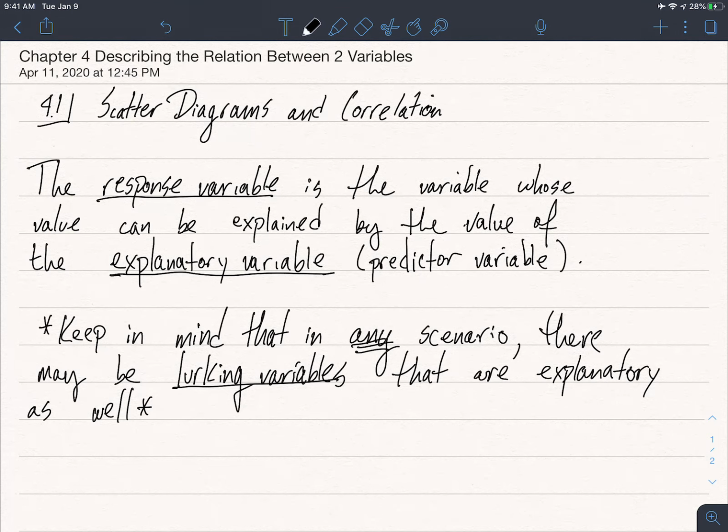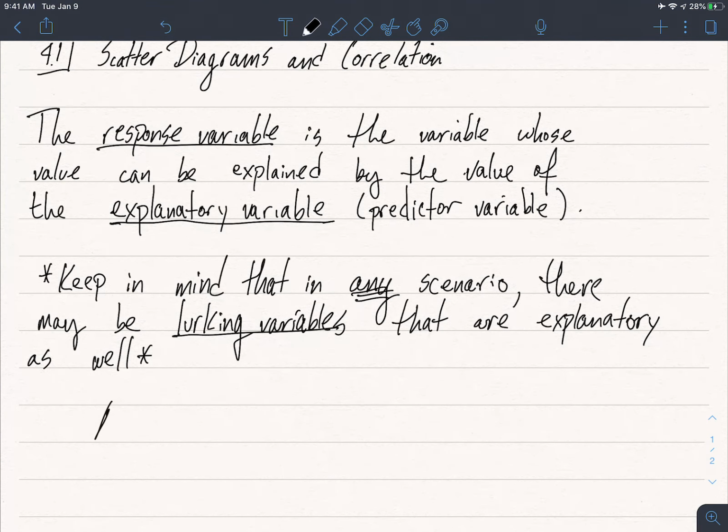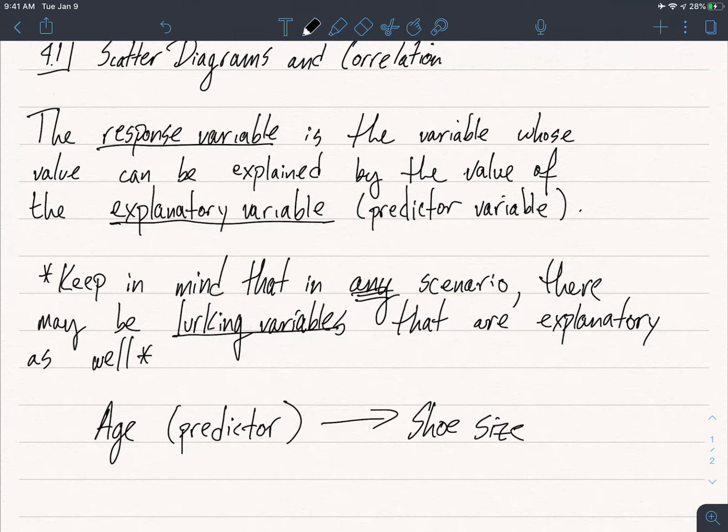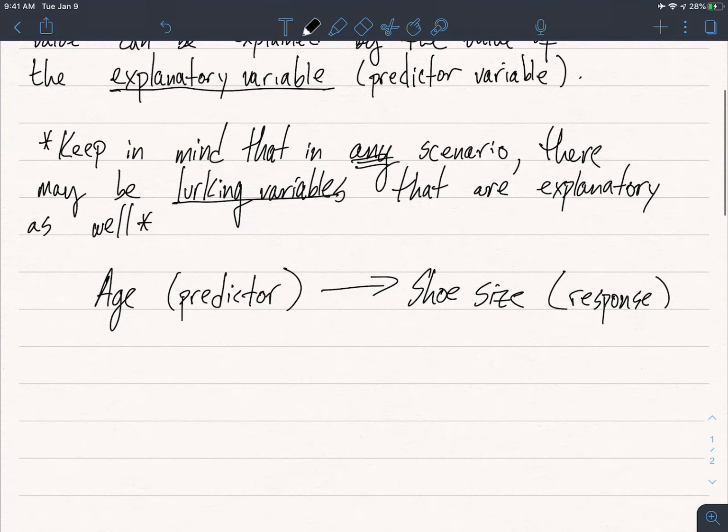So if age is a predictor for shoe size, this is the response. That's not the only thing, right? It's not just that age determines your shoe size.